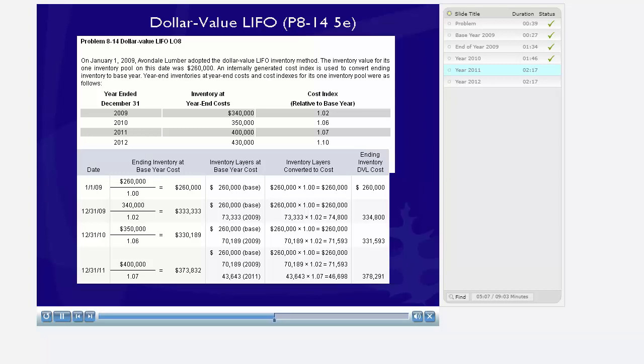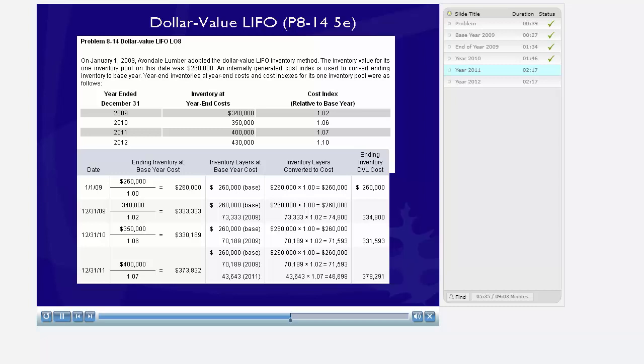And the difference between the $373,832 ending inventory at base year cost for 2011 and the $330,189 ending inventory at base year cost for 2010 is $43,643. So we add that as a new inventory layer for the current year.